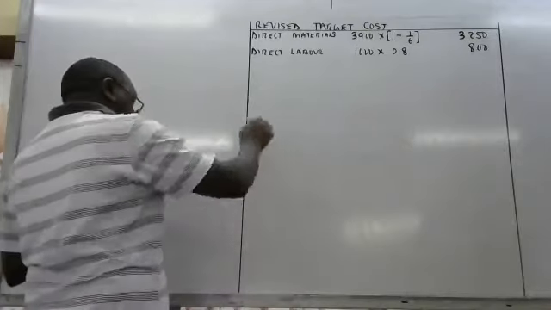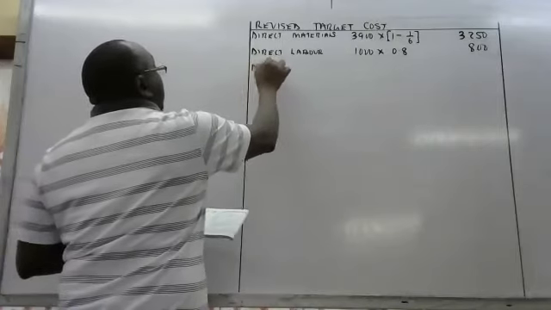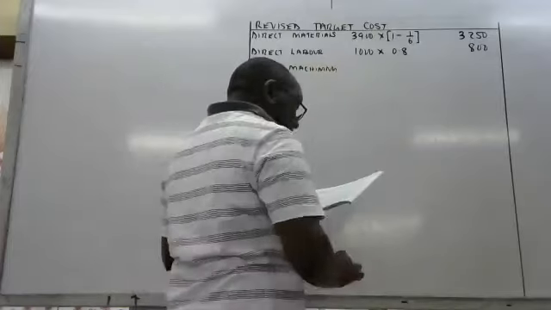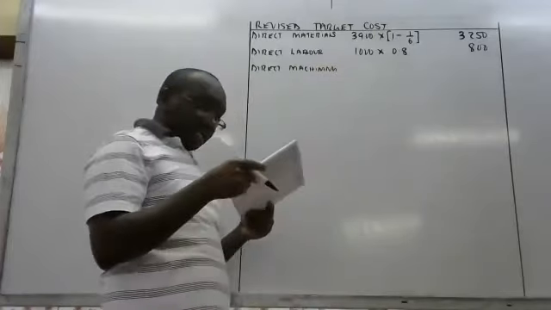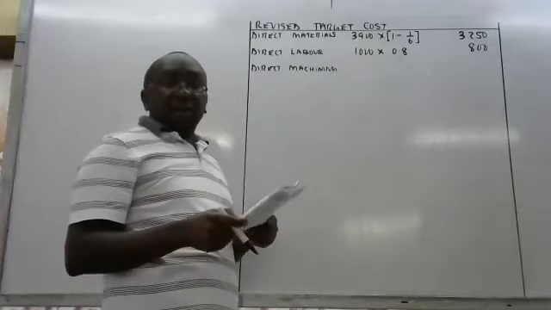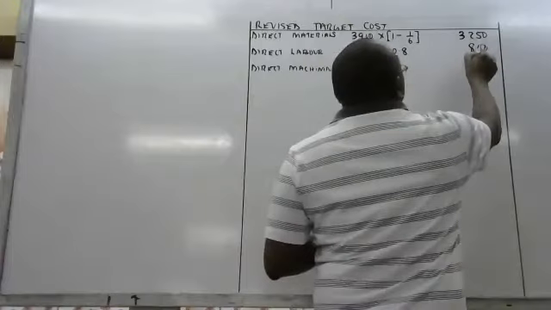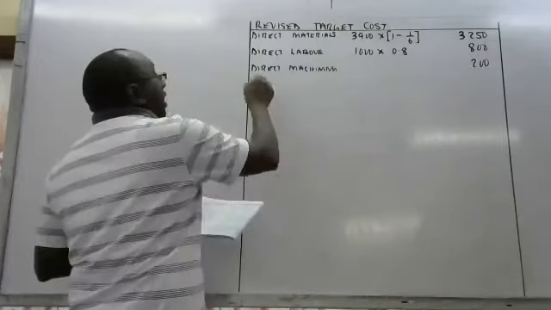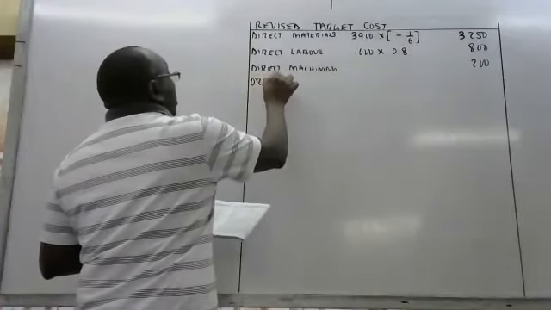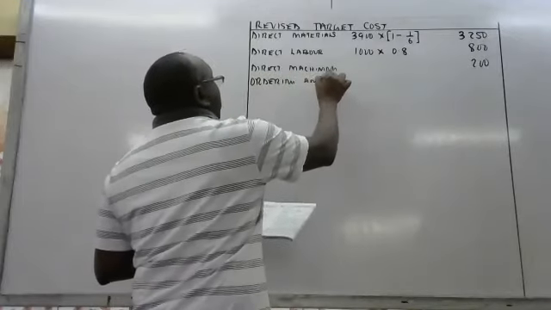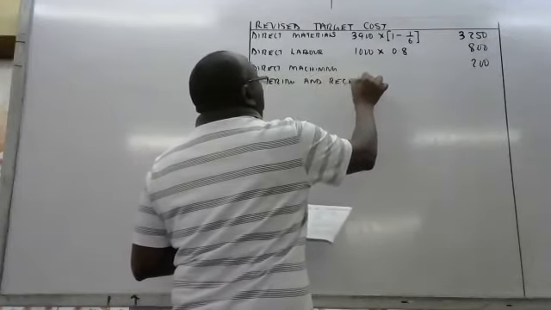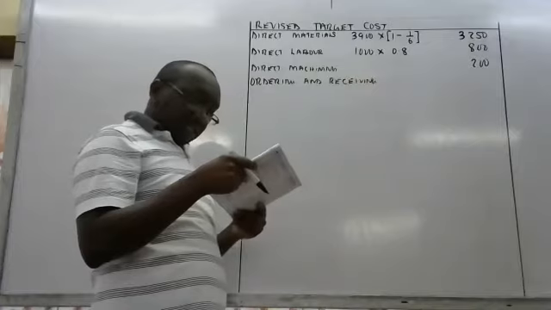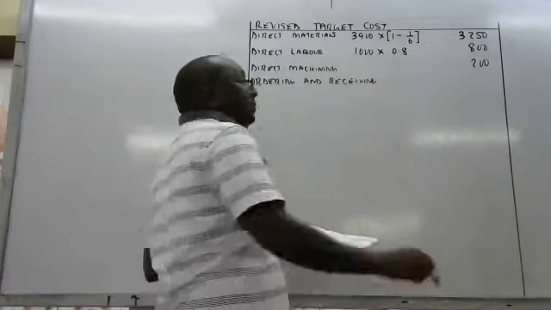We go to machining costs. It is currently 200, and we are told it will remain. So you just put 200. The next one is ordering and receiving. It is 80, and we are told it is to reduce by 75%.